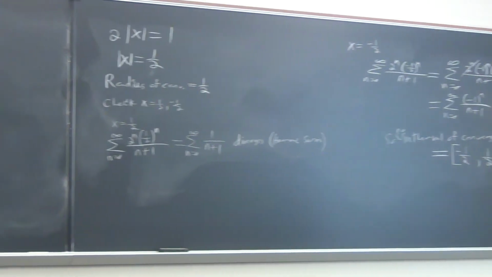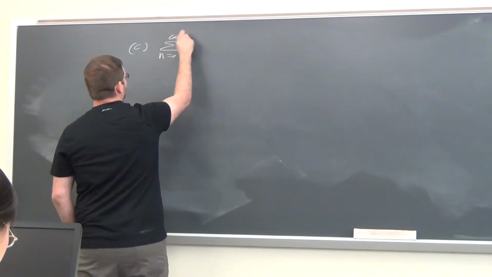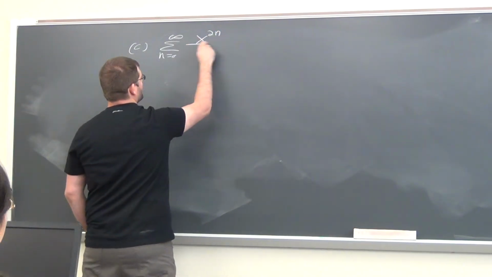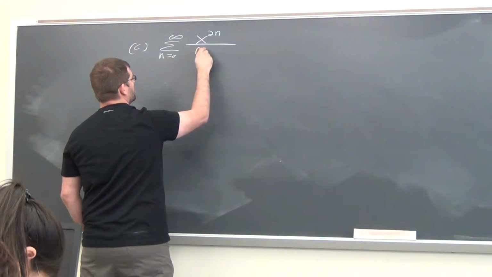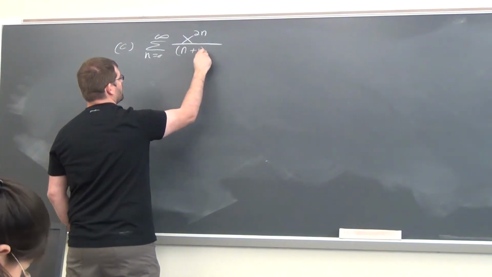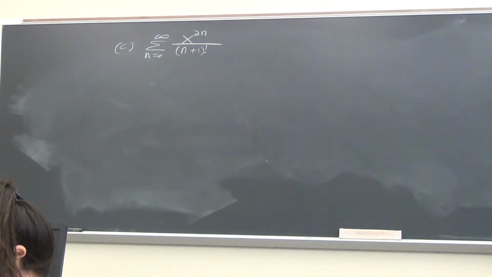Okay. So, let's just do some real basic ones here just to get this. x to the 2n over (n plus 1) factorial.